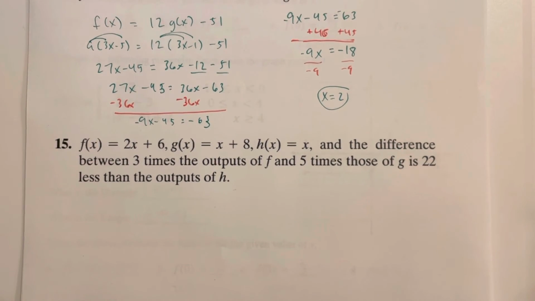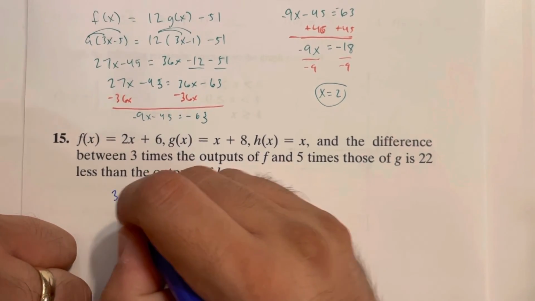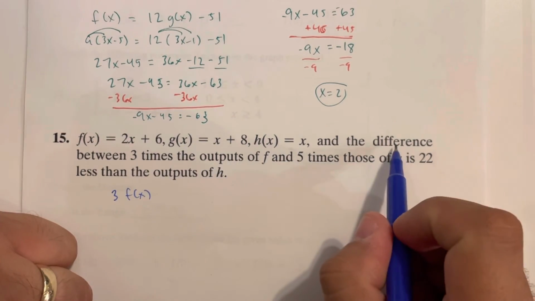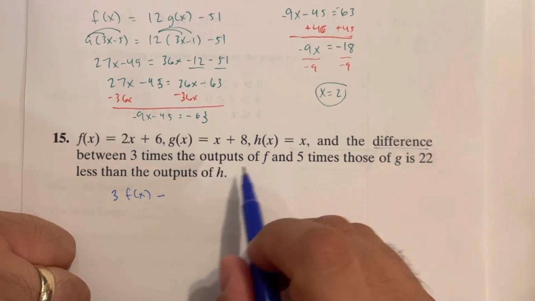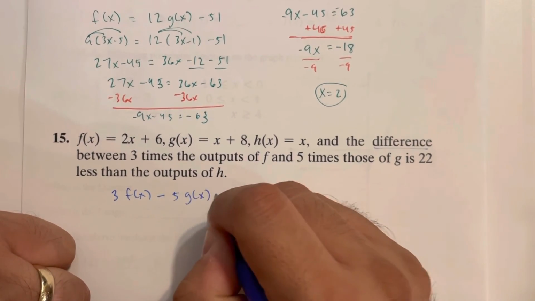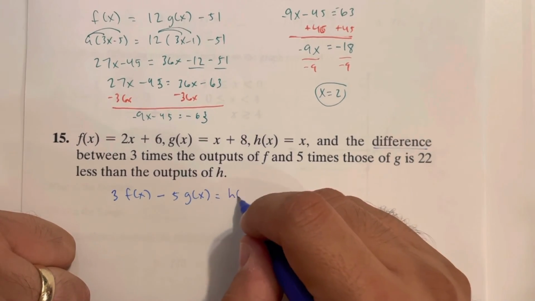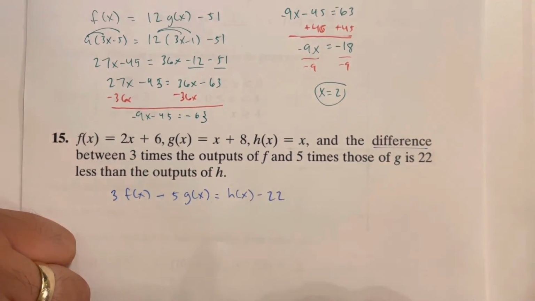But we're down to the last question, number 15. It says f of x equals 2x plus 6, g of x equals x plus 8, and h of x is equal to x. And then it goes on to say, the difference between, so difference means subtract, 3 times the outputs of f of x, so 3 times f of x, and 5 times those of g, so 5 times g of x, is equal to 22 less than h of x, so h of x minus 22.